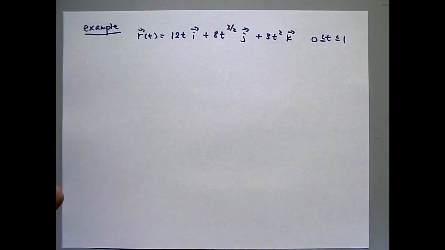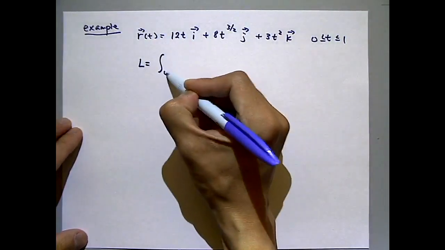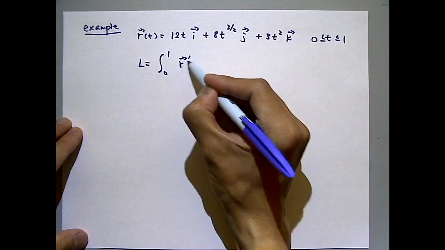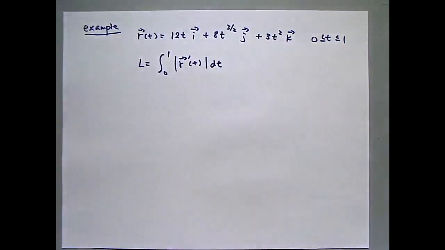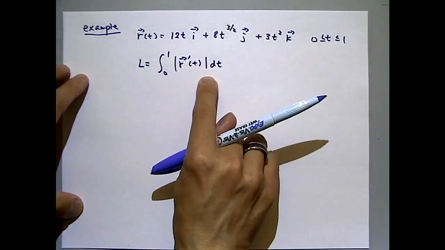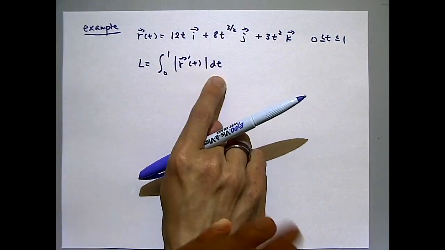And there's really nothing to it. You take the derivative, square them, add them together, integrate. Right? That's all we're doing here. And just remember, there's really no need to remember the formula. Remember the reason why this formula works is that we're adding up little short straight segments defined by the magnitude of the tangent vector times the change in time.